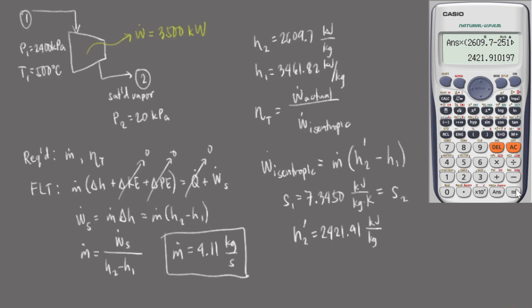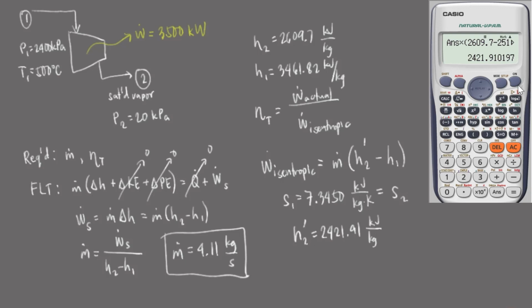If you compare the values of our H2 prime with that of our H2, remember that H2 is the actual enthalpy of the outlet stream. You would notice that the enthalpy of the outlet stream at isentropic conditions is lower than that of the actual conditions. That means that for isentropic conditions, we will be able to extract more work out of your steam.